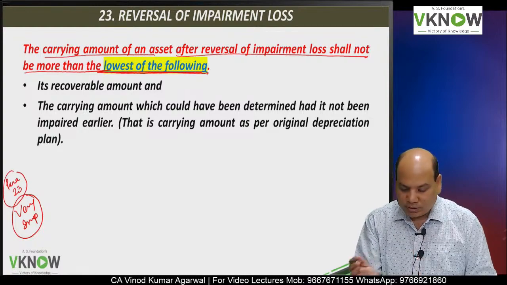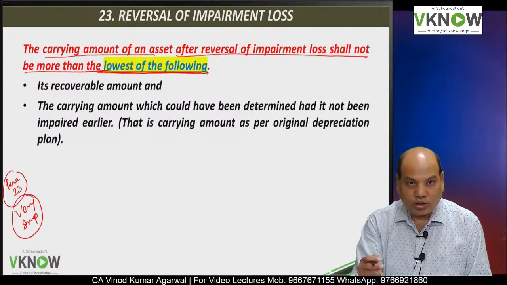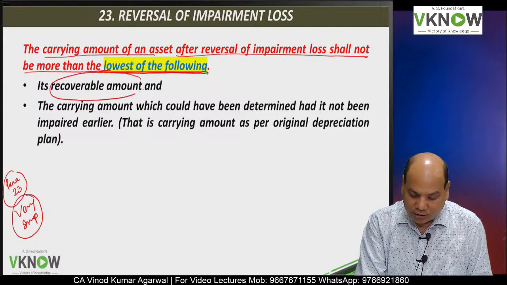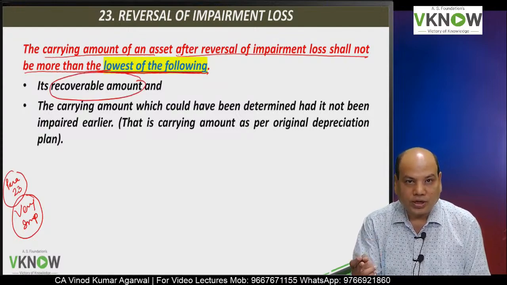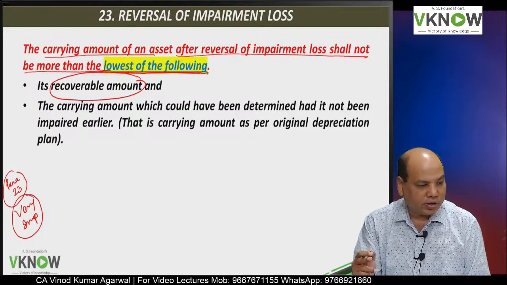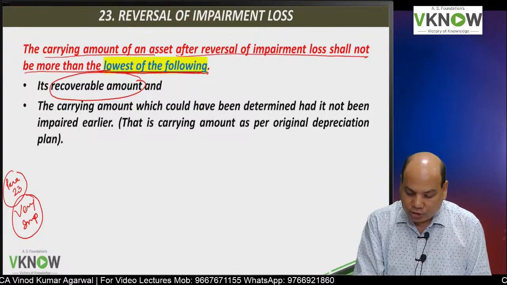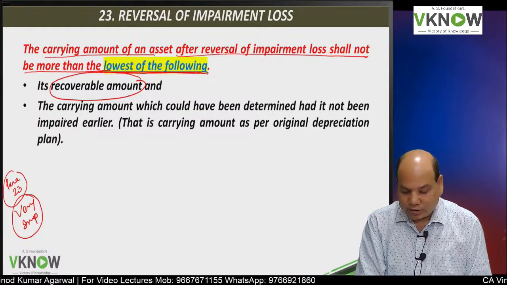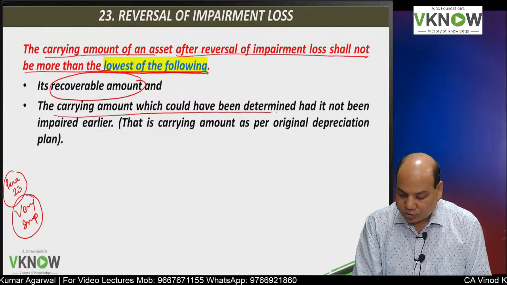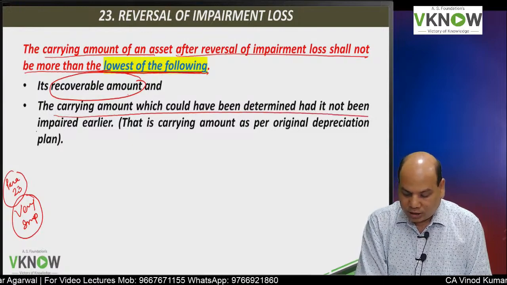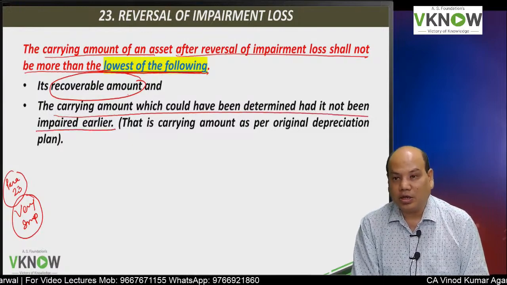So, a little complex statement. That means you can reverse the carrying amount, but after reversal it should not exceed the lower of the following two: recoverable amount, and second, the carrying amount that would have been determined had it not been impaired earlier.